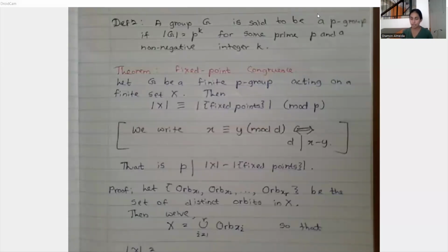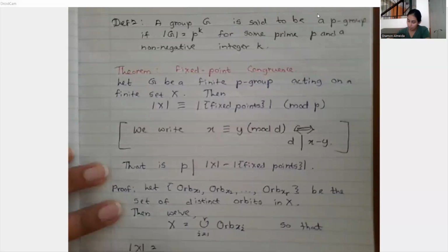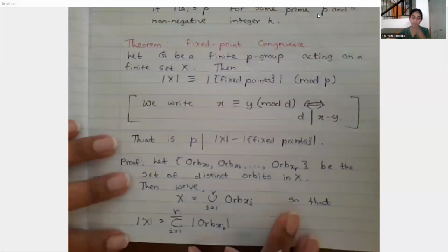They have no intersection. It's in the statement itself. So the number of elements in X is the same as the summation of the number of elements in all these distinct orbits. We have this.